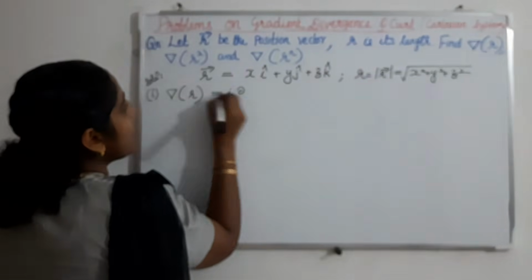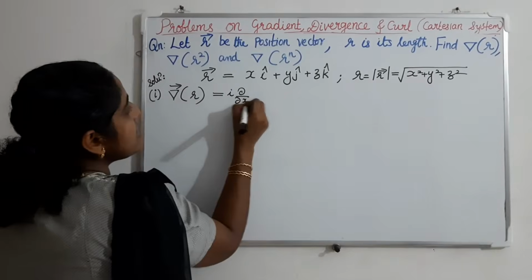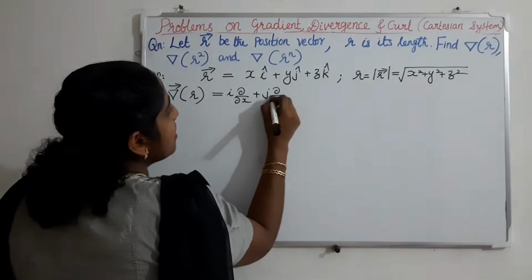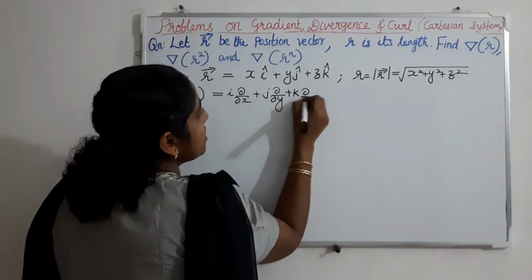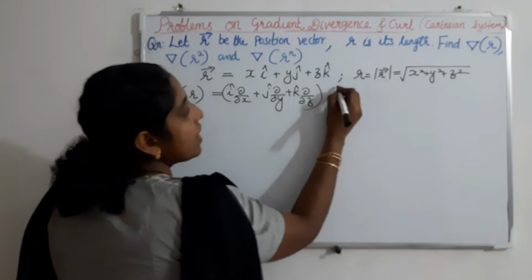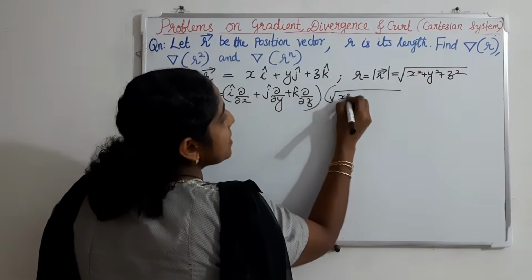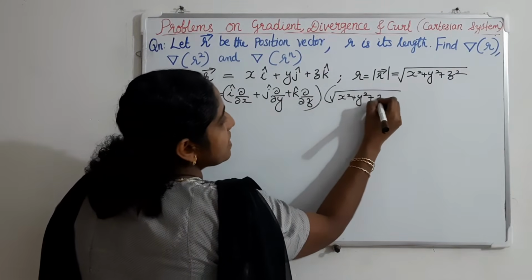Del r is equal to i dou by dou x plus j dou by dou y plus k dou by dou z into r, where r is root of x square plus y square plus z square.